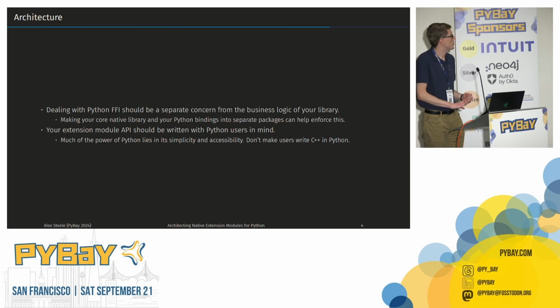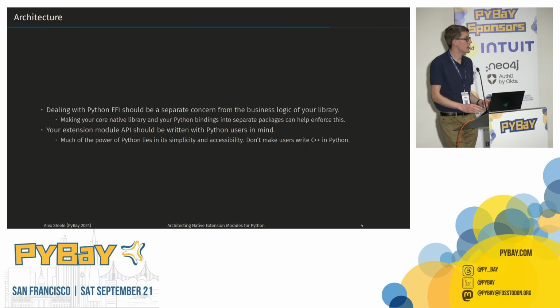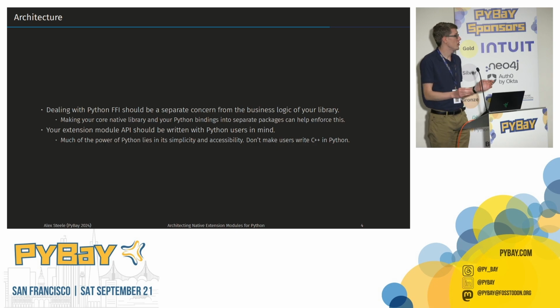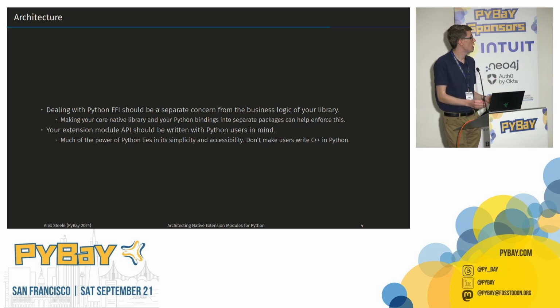Something I often find useful here is just making them completely separate packages or completely separate crates in Rust. And that way you can just pull in your original code as a dependency and not have to worry about bringing in Python considerations as a cross-cutting concern in your library.